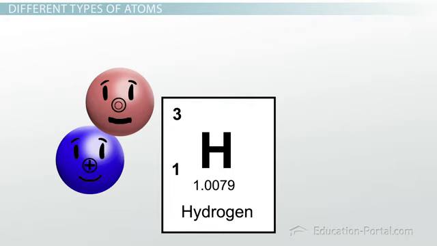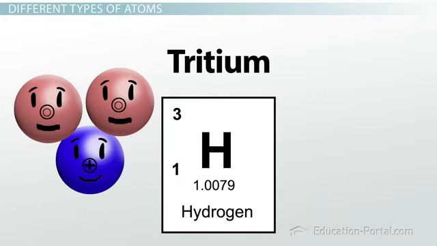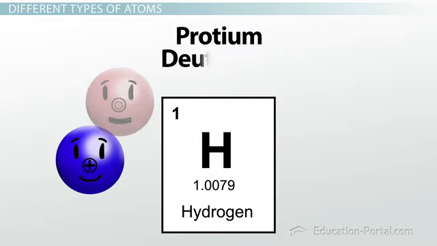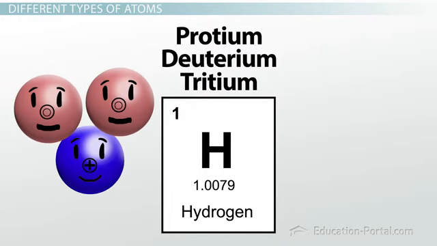The last isotope is called tritium, and it has, as you may guess, still only 1 proton, but it contains 2 neutrons in the nucleus, giving it a mass of 3 AMU, 3 atomic mass units. There is very little tritium that exists, and it's very unstable. So if I were to ask you, what is the mass of a hydrogen atom? You would need to know which isotope I was talking about, protium, deuterium, or tritium.